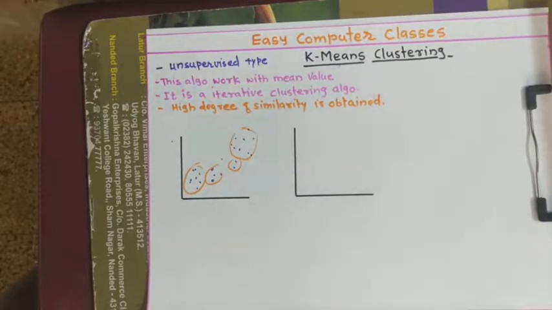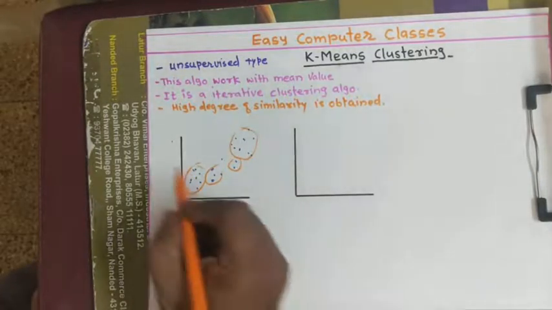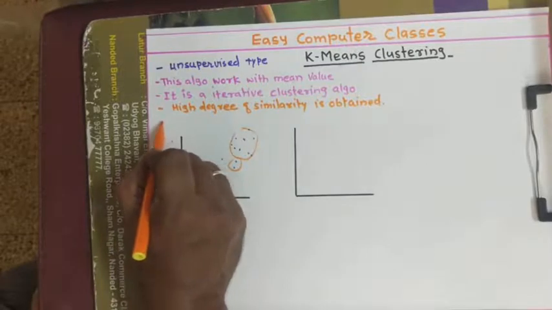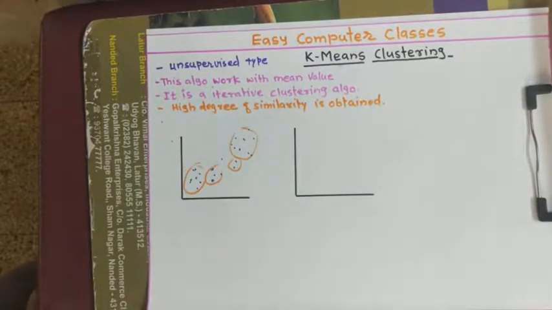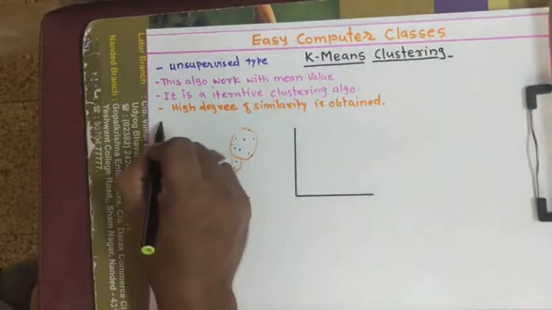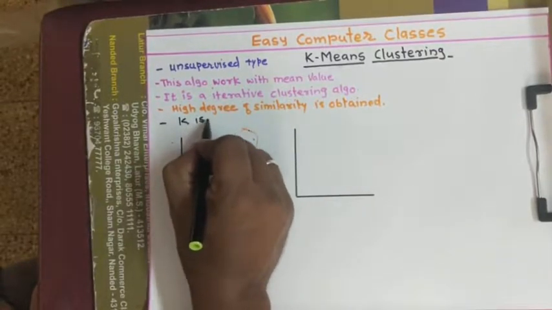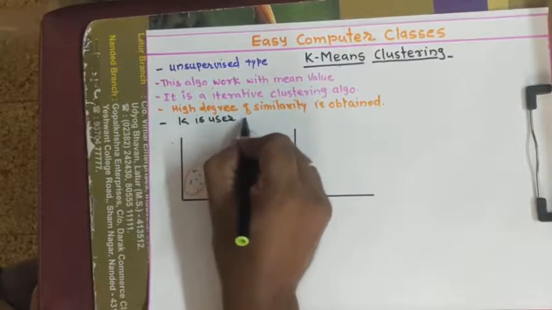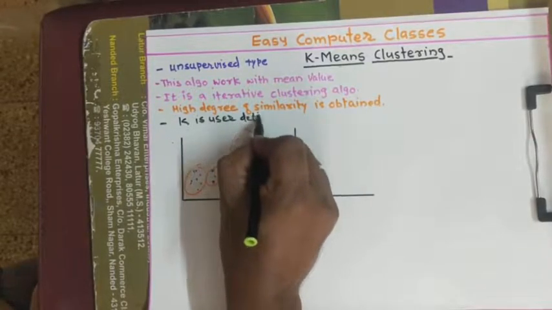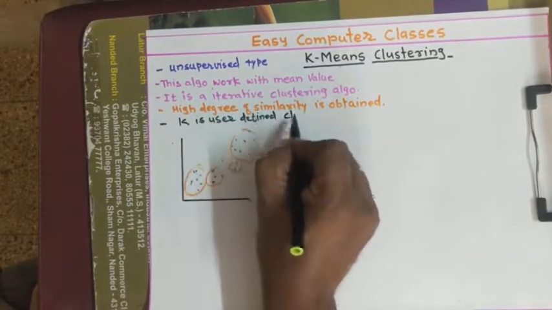It means that the user can define the number of clusters, and on that basis we can perform the algorithm steps. Suppose the user defines the cluster count K. K is the user defined number of clusters.